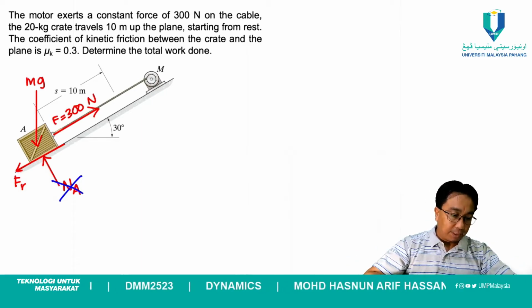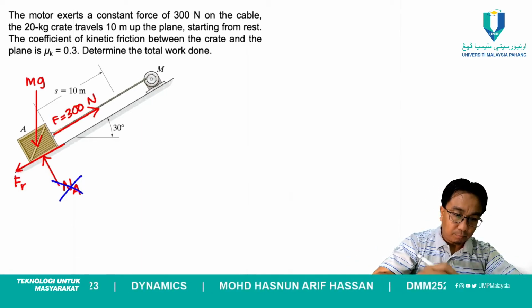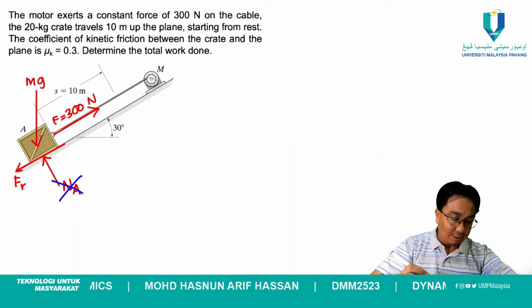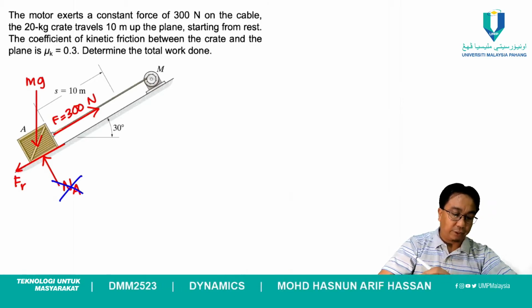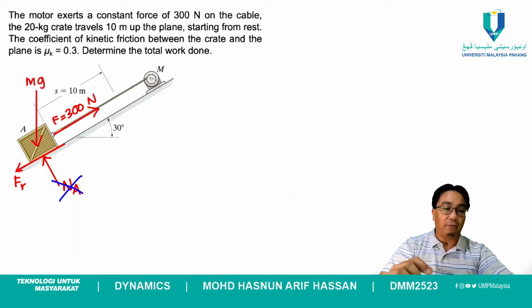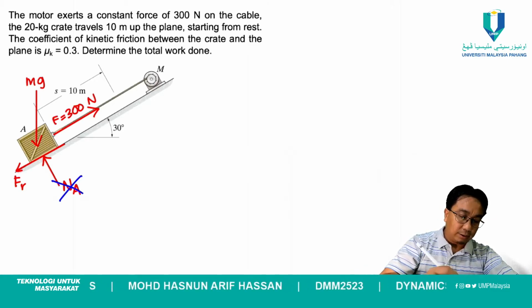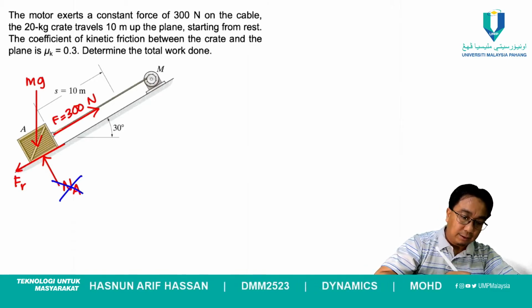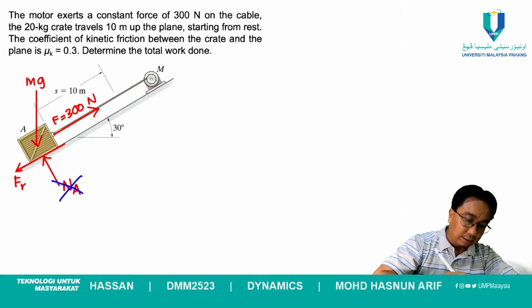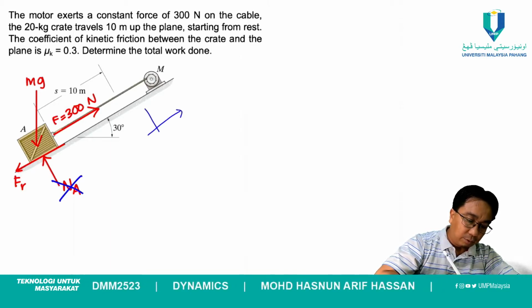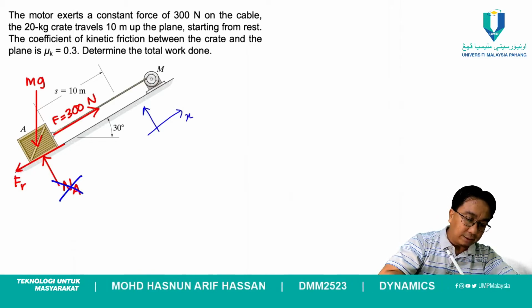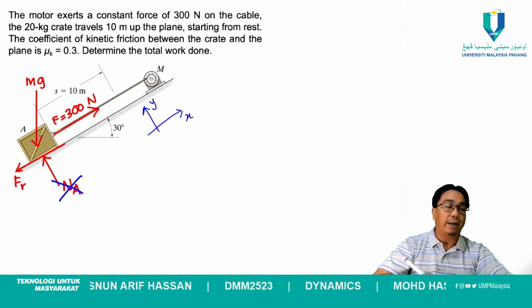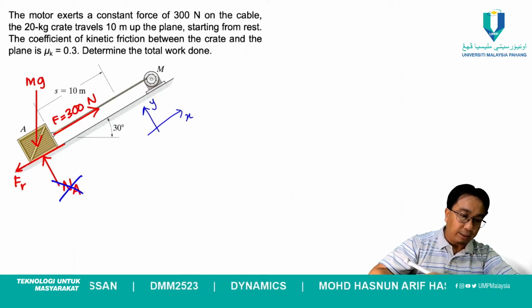Okay, let's look at how we can solve this. Let's start with the force. If we want to calculate the friction, let's find out what NA is first. So we need to define our axis slightly in this direction, so that it will be easier for us to calculate. This will be our positive x-axis, this will be our positive y-axis. Now let's look at the y-axis.